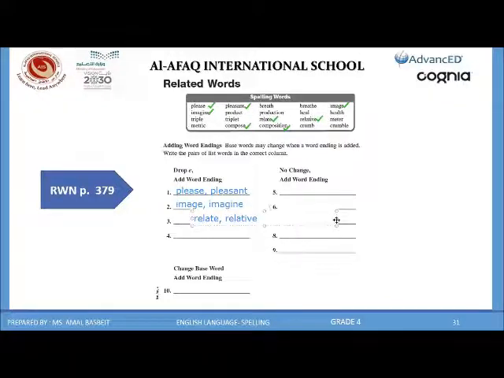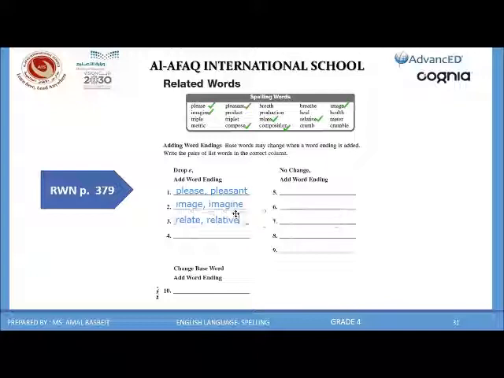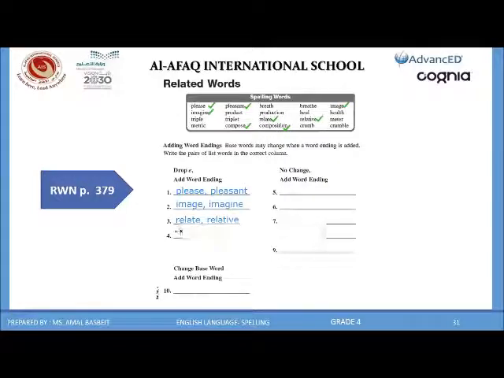Relative. Compose, composition. Okay, compose and composition.